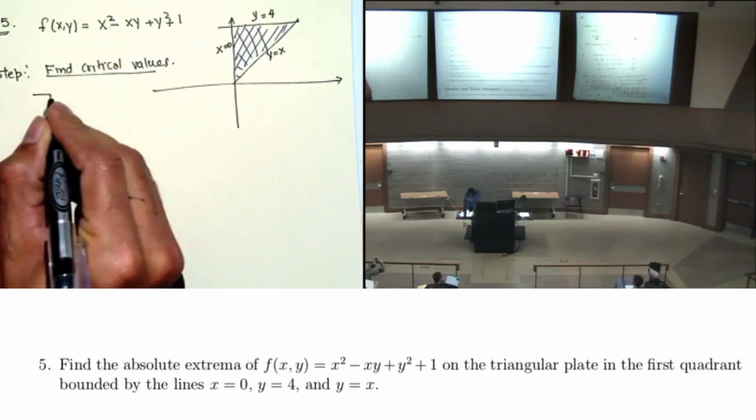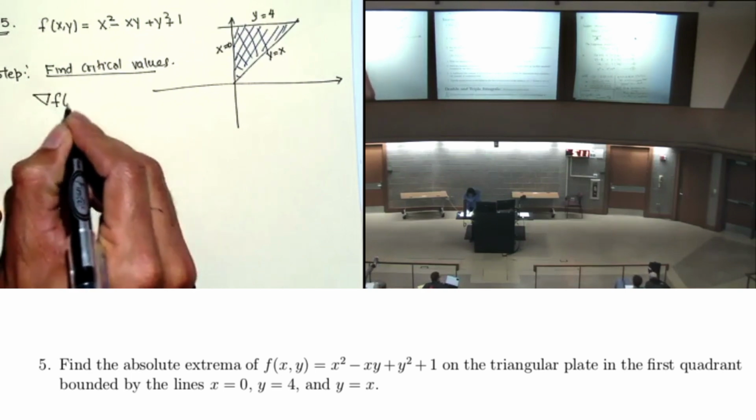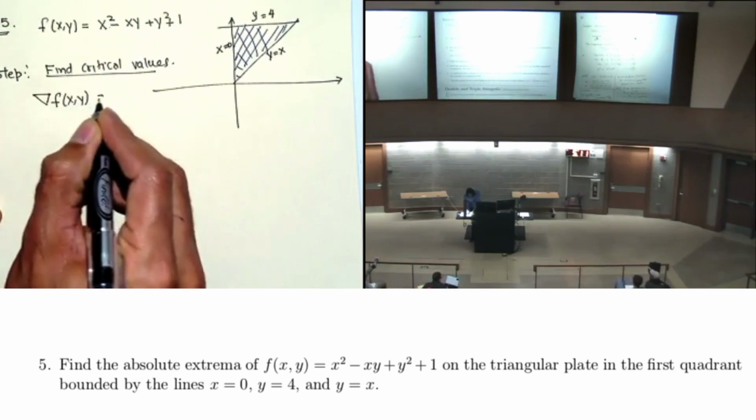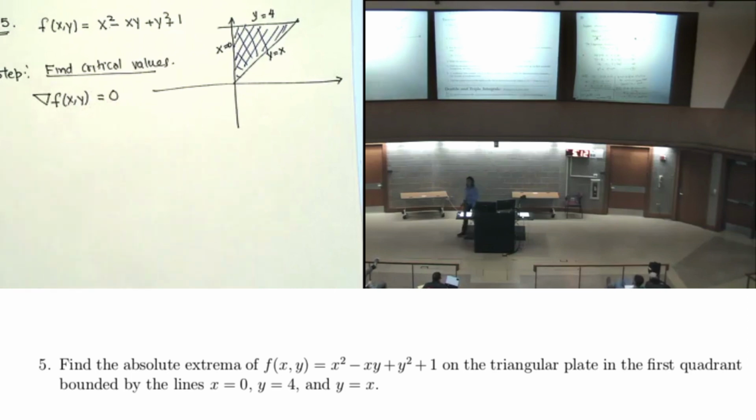One type of critical value comes from the gradient. If you set the gradient equal to 0, you will get some critical values. And you're going to keep those critical values which are on or in that region, because we are only interested in finding the maxima or minima inside or on the boundary of this triangle.